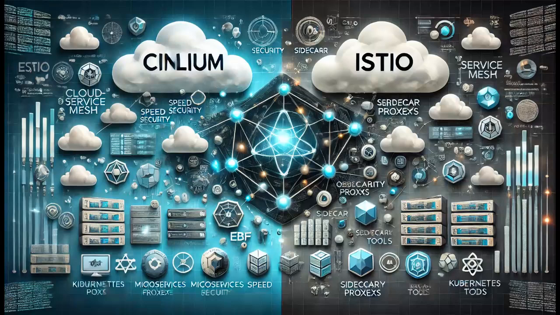Imagine having a super efficient traffic cop right there at the source, directing network packets with incredible precision and speed. That's what eBPF enables Cilium to do. It's all about that low-level access.